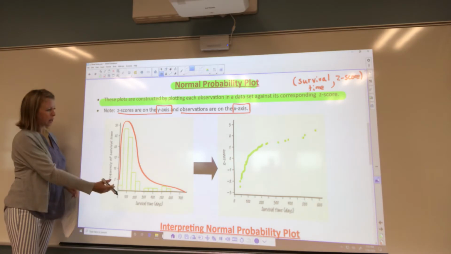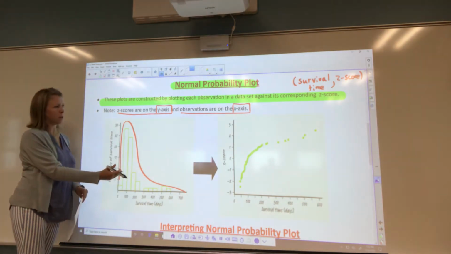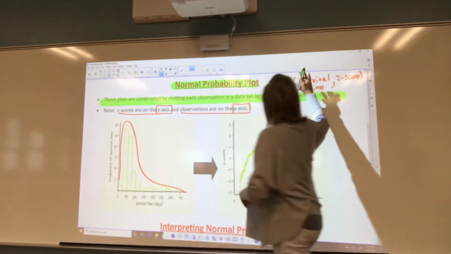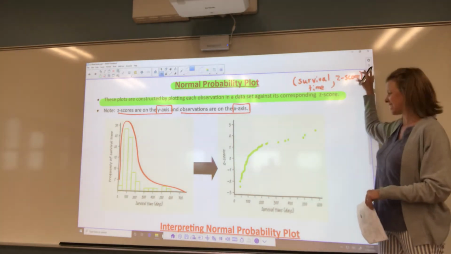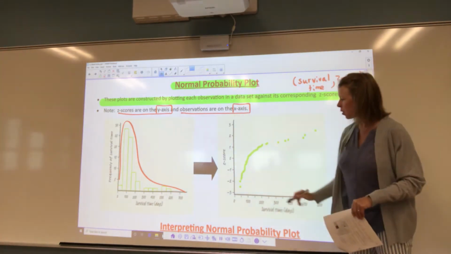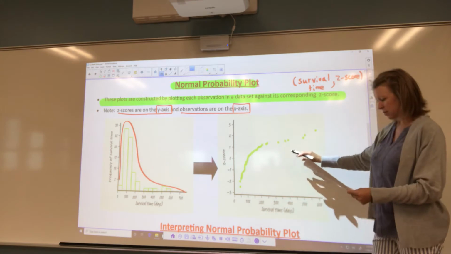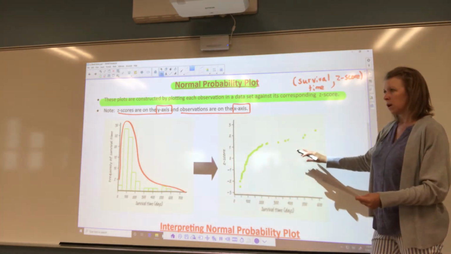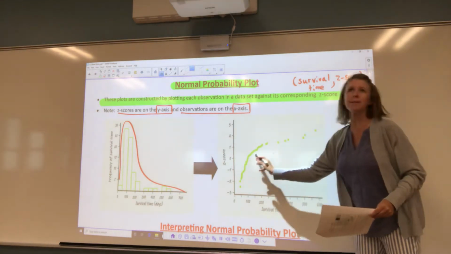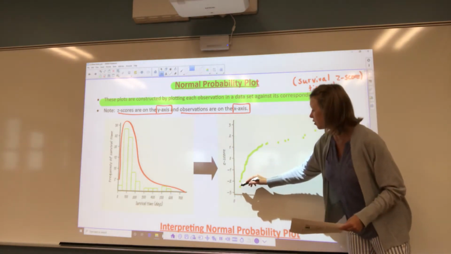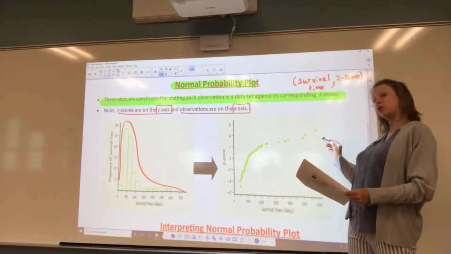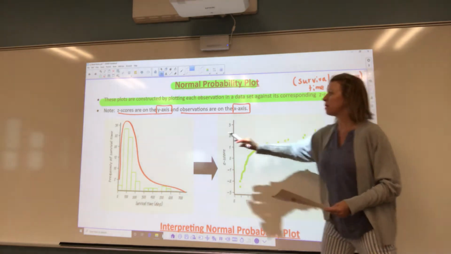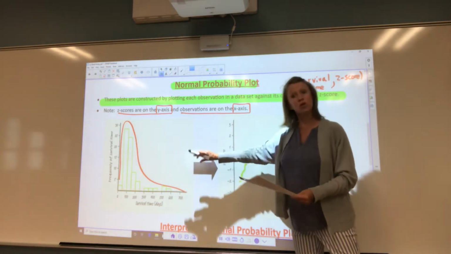When you plot each observation against its z-score, if the data is normal, you would expect this to be relatively linear. It doesn't have to be an exact straight line, but if you start to notice that this is curling to the right, that means the original set of data was skewed to the right.